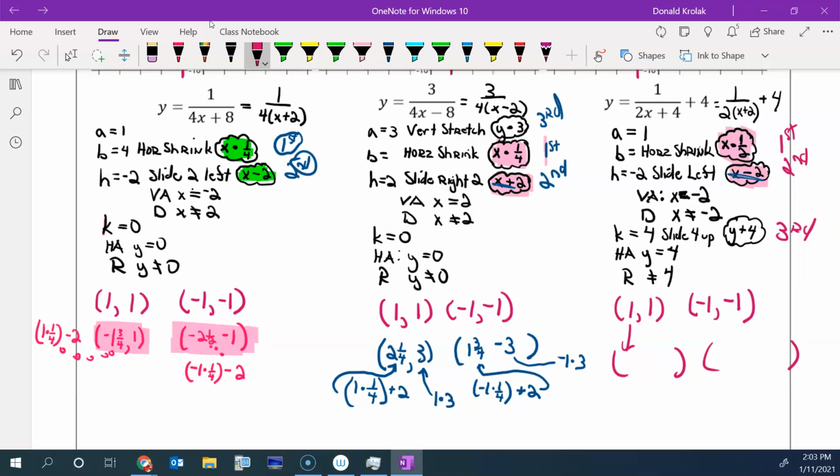All right. So 1 times a half, and then minus 2. So it's a half minus 2, which is negative 1 1/2. Then the Y coordinate gets multiplied and then add 4.